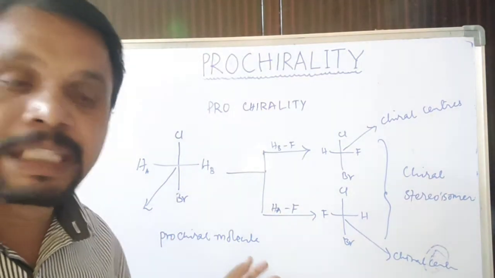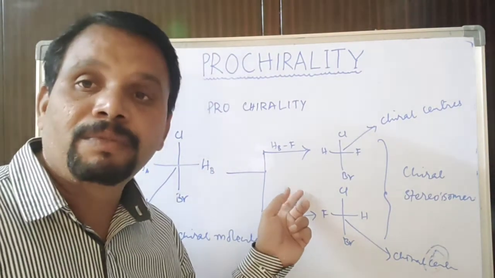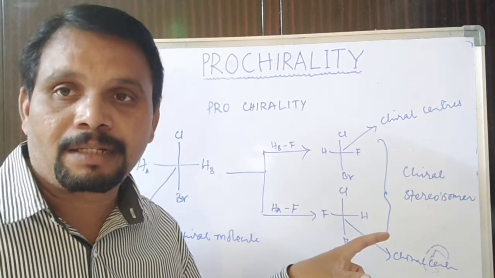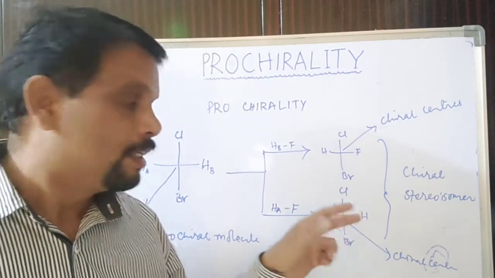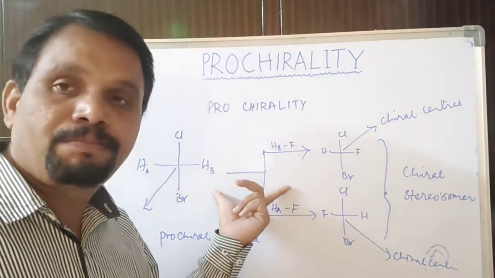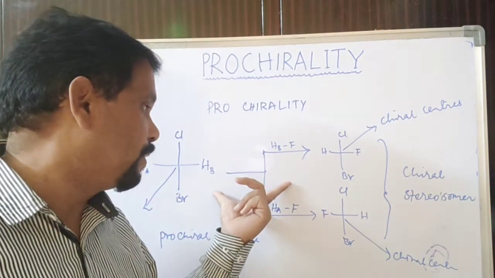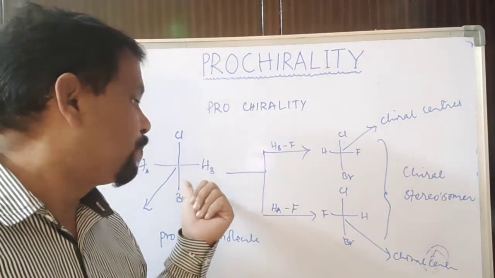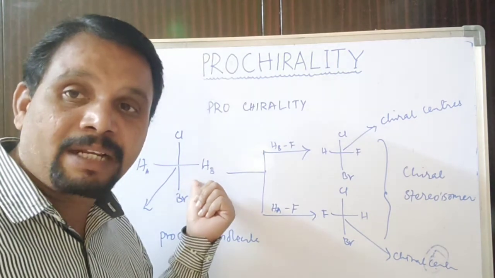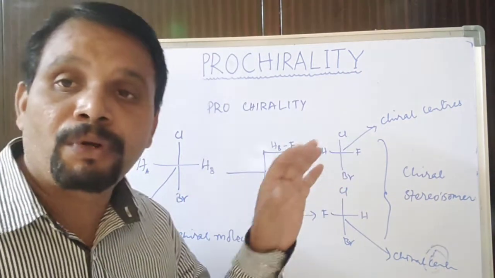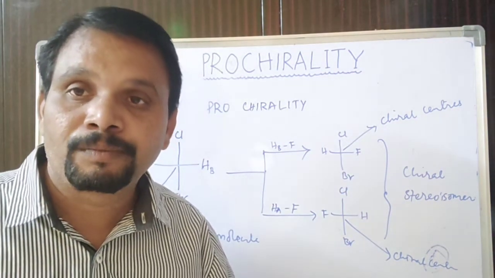Prochiral means in one step it becomes chiral. Okay, in this reaction step, in one step, this prochiral molecule, that means an achiral molecule, is converted to a chiral molecule.